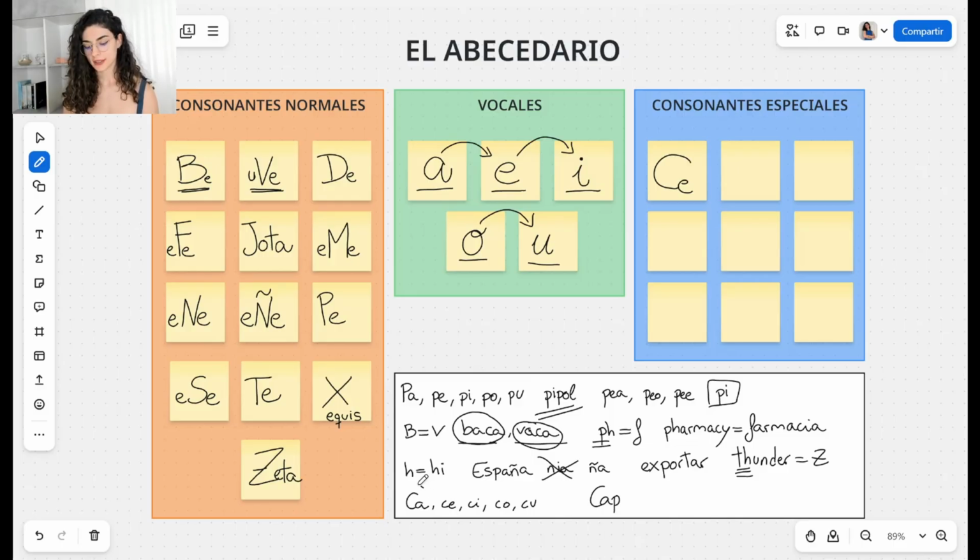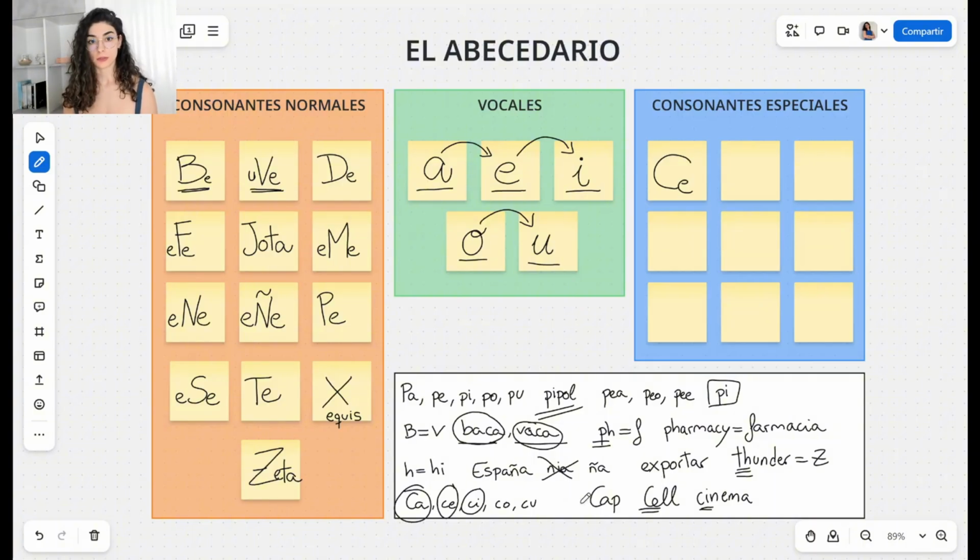So this is ka. And then if you pronounce this, this is going to be cell. So this is ce. Then in this word, cinema, you say si. So this is going to be ci. Ce like in cell, ci like in cinema, but with the th sound.